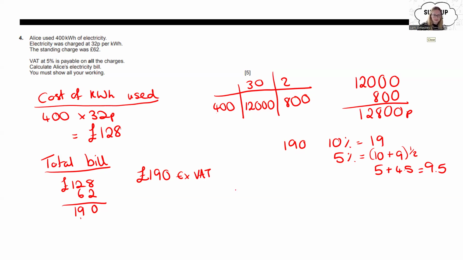Then the total bill, now with the VAT, so we've got £190 plus our VAT. Remember what I said about putting those dots, following them up.